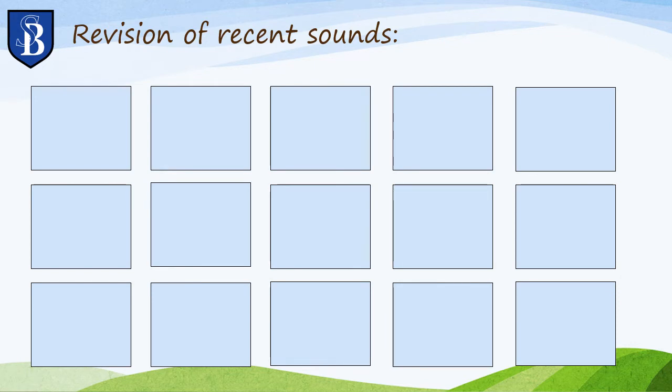Let's go through some of the sounds that we've been looking at recently. This section will cover most of the phase 3 sounds we've covered this term. Again, I'm going to go first and I want you to copy me.